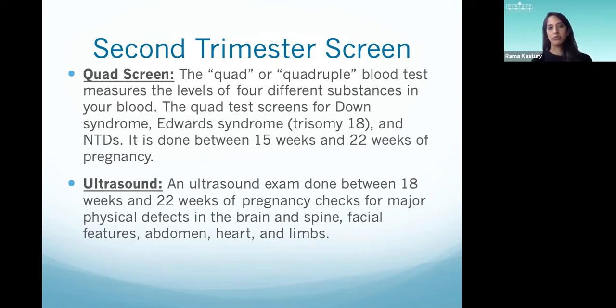And it basically looks at your risk of chromosomal abnormality, either Down syndrome, trisomy 18, trisomy 13, also neural tube defects. And then ultrasound, same thing. We do an ultrasound between 18 and 22 weeks of pregnancy just to look for major physical abnormalities that could be going on in the baby's organs.